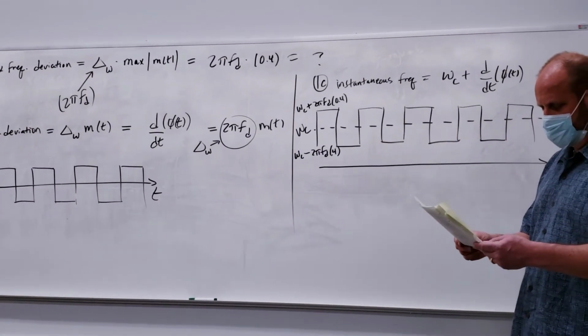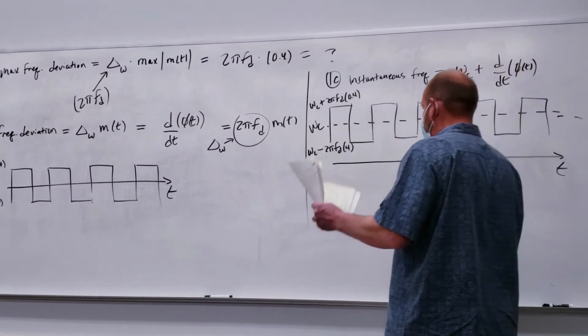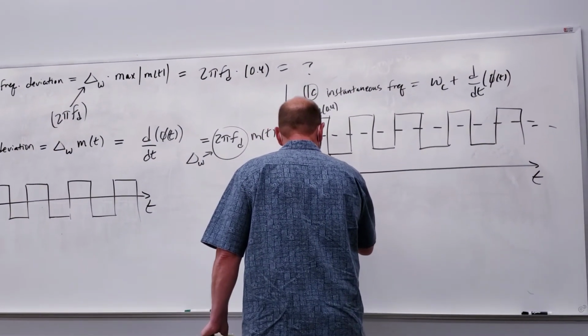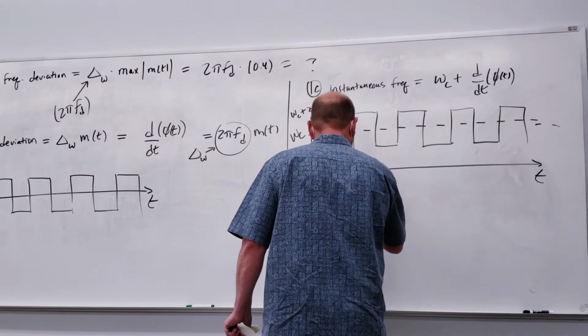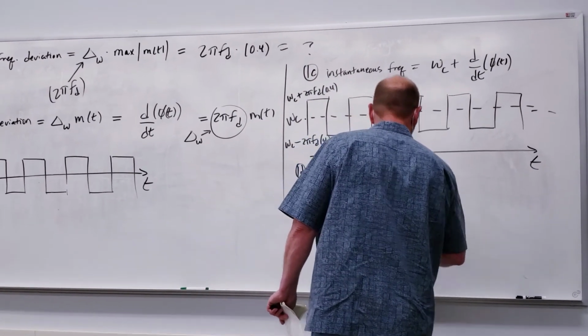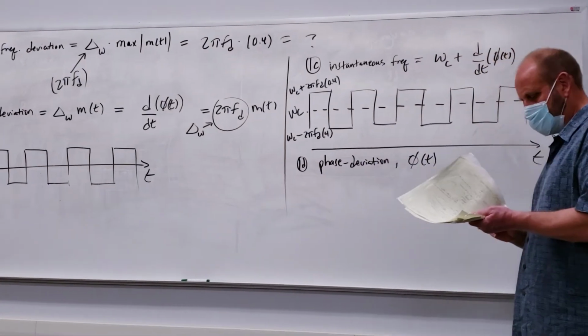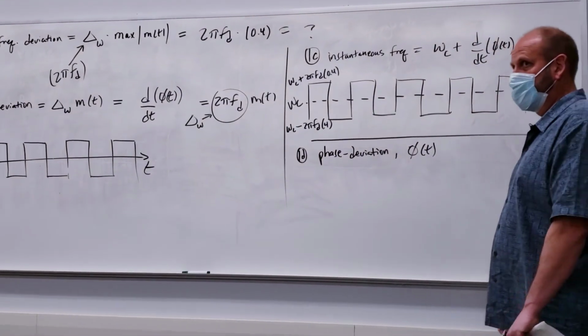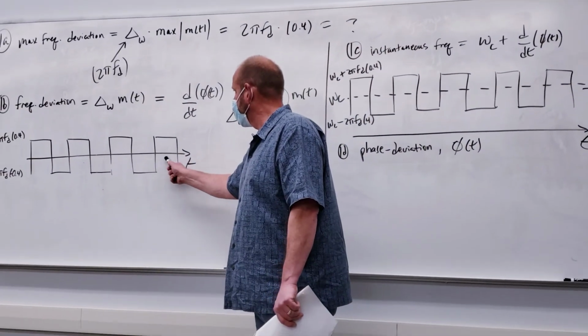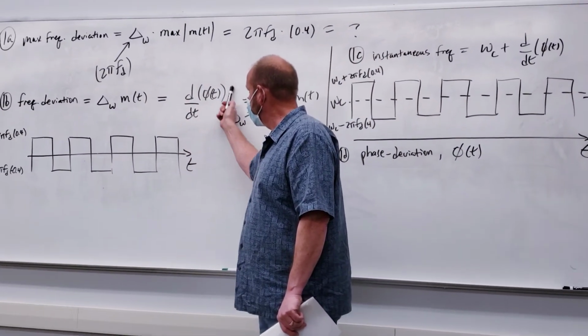All right, next, 1D, the phase deviation. So in other words, now we're going to be taking the integral of this guy, because that's the derivative of the phase deviation.